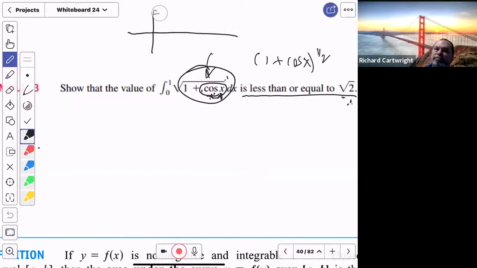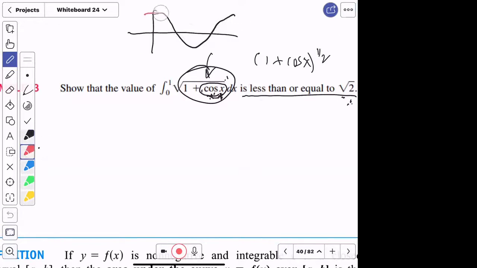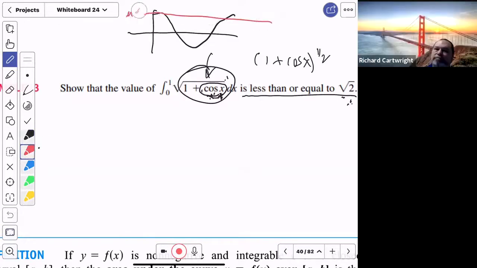Think of the graph. Say it again. 1. Thank you very much. The highest, the max, is a 1. So the max of this function is 1 plus 1, the square root of 2.